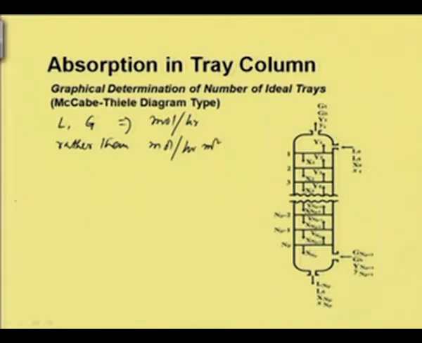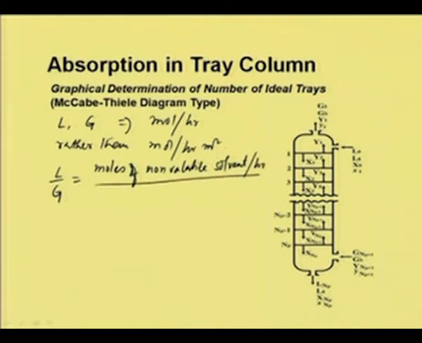We also desire that the operating line should be straight, and this will be true only if we define L by G as moles of non-volatile solvent per hour divided by moles of insoluble carrier gas per hour.